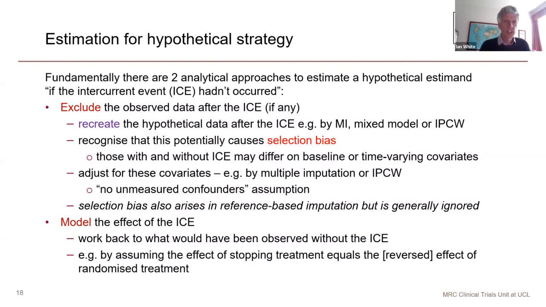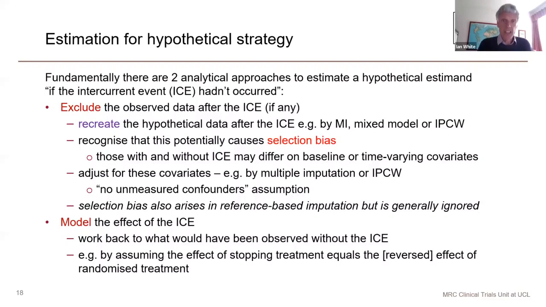So we're going to need to adjust for these covariates, and that's going to tend to point us towards the multiple imputation or an IPCW approach with an assumption of no unmeasured confounders. I think it's an interesting point, which I'm just going to make and pass on from, which is that selection bias of this nature does also arise in reference-based imputation, but it generally gets ignored there, possibly because there are enough decisions that are difficult anyway in reference-based imputation without having to worry about this one too. But in principle, I think we should worry about it.